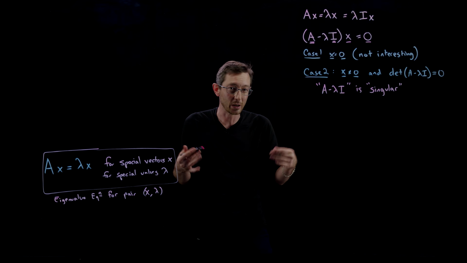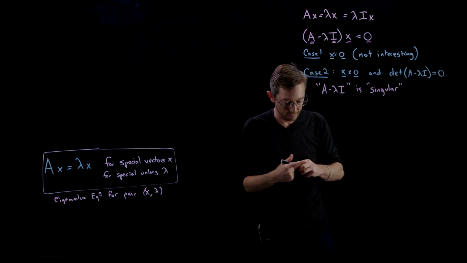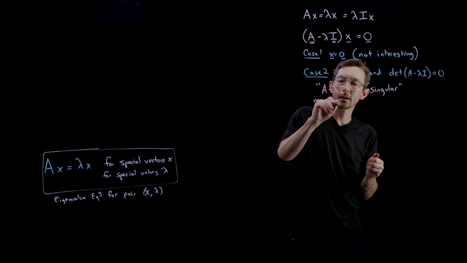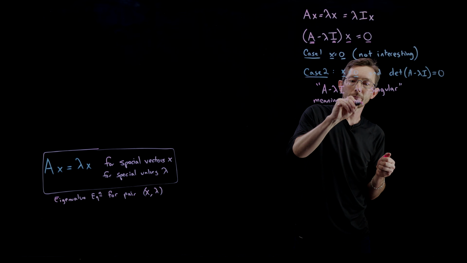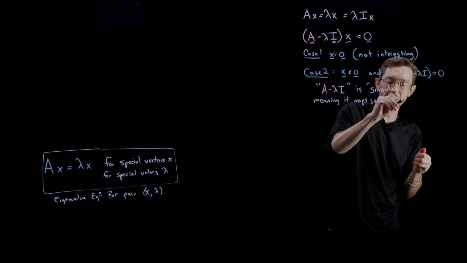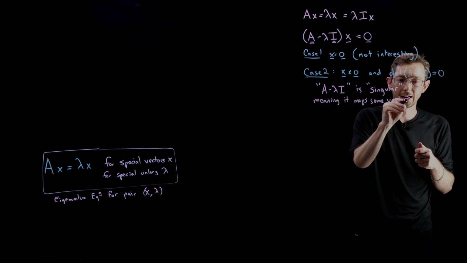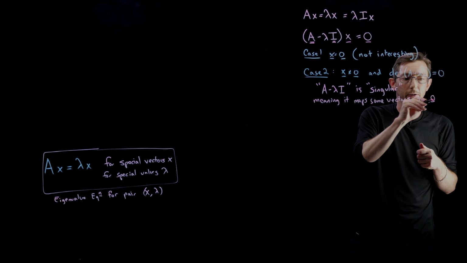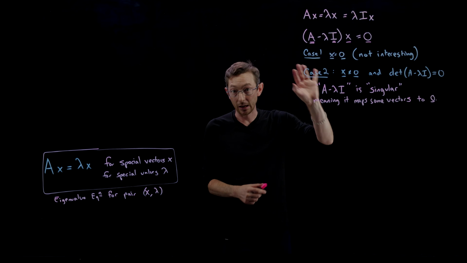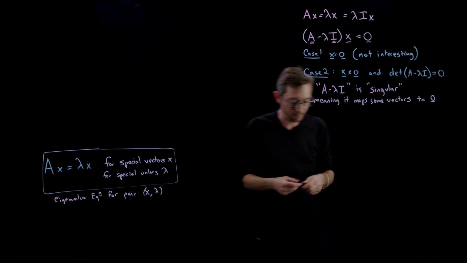That's just the words we use in math to describe this. And that means it maps some vectors to 0, to the origin point. I'll convince you that this is true in a minute, just bear with me.